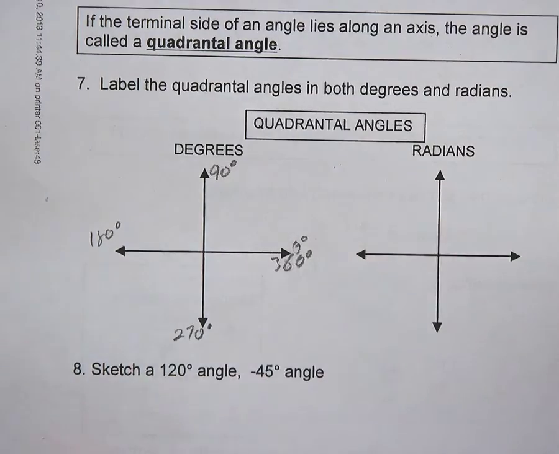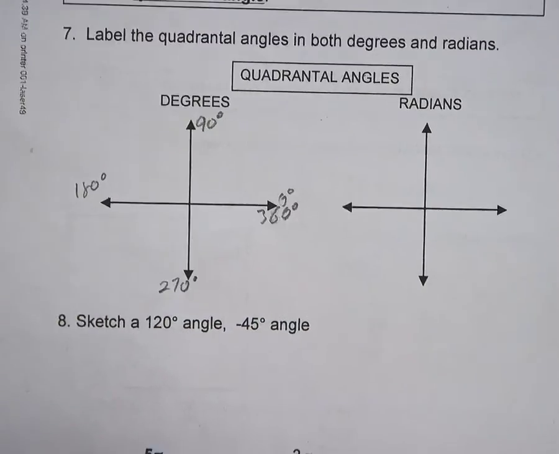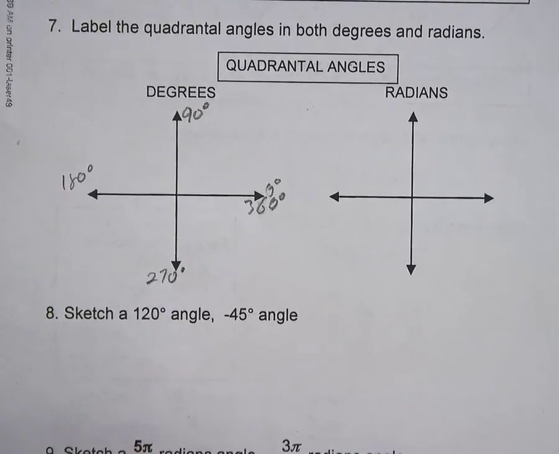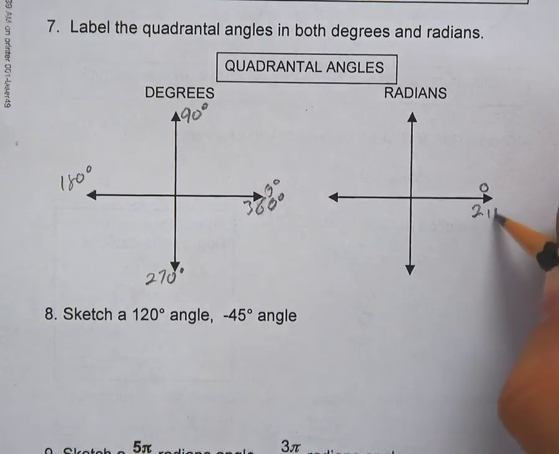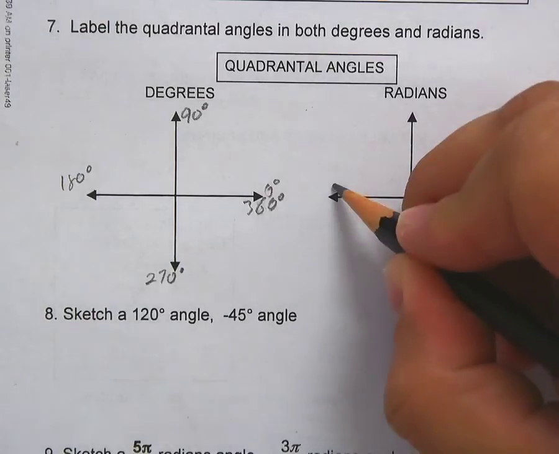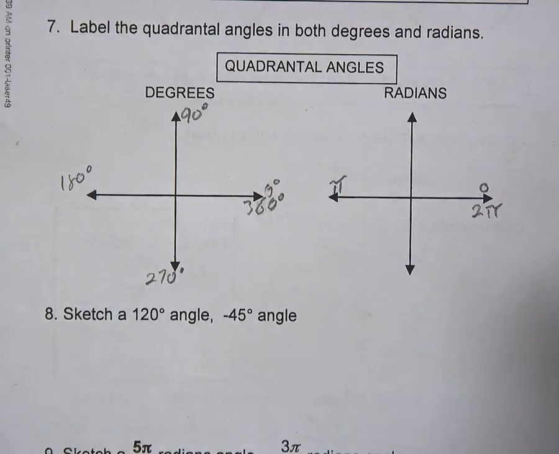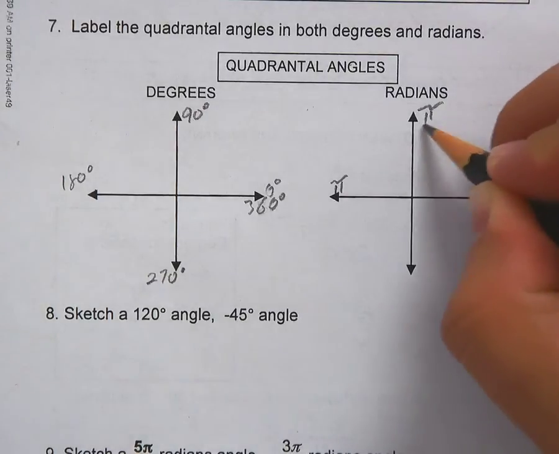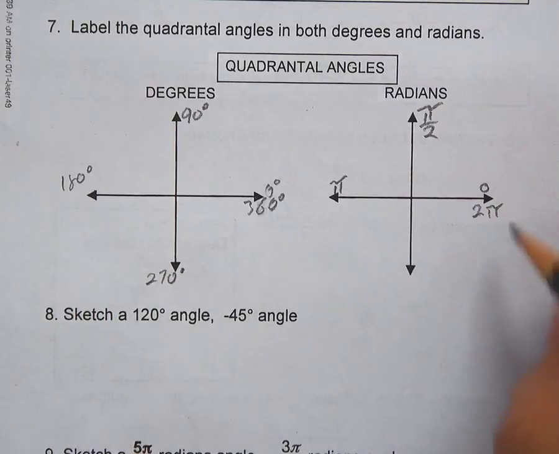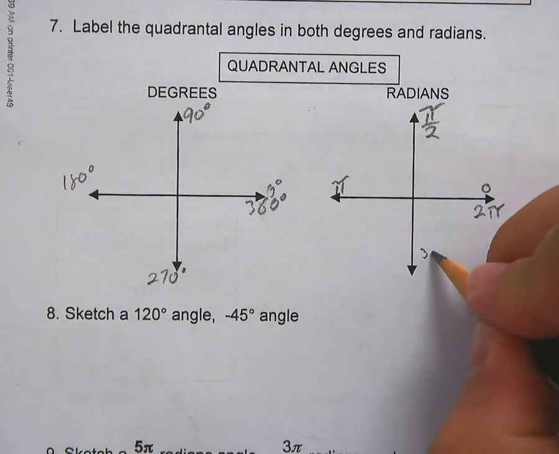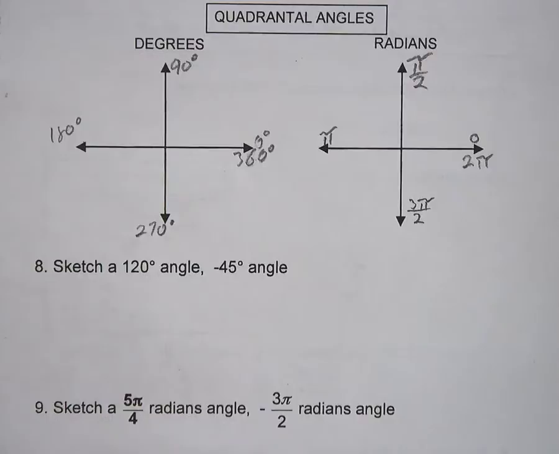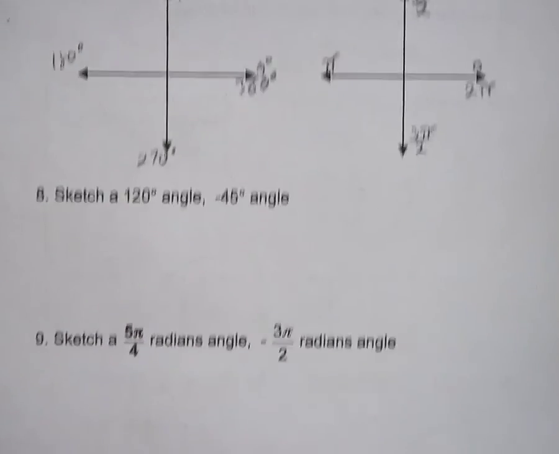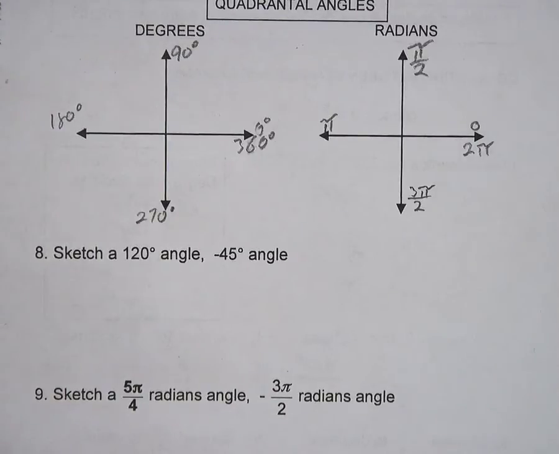So if I ask you for a quadrantal angle, that's what I'm expecting. In radians it's 0. We talked about this the other day. There's 2 pi total. Divide that in half, you're at pi. Divide that in half, you're at pi over 2. And halfway between pi and 2 pi, you've got 3 pi over 2. So those are your quadrantals.